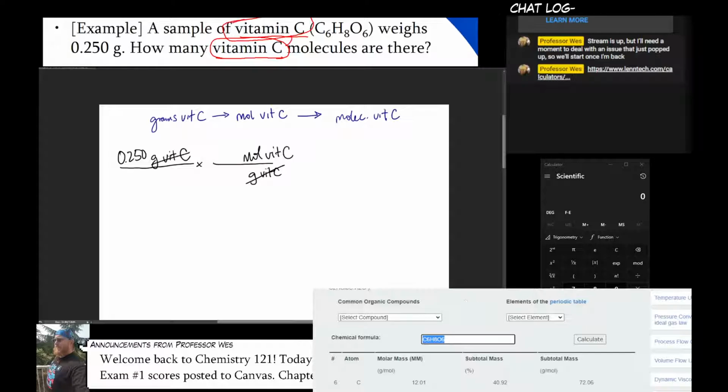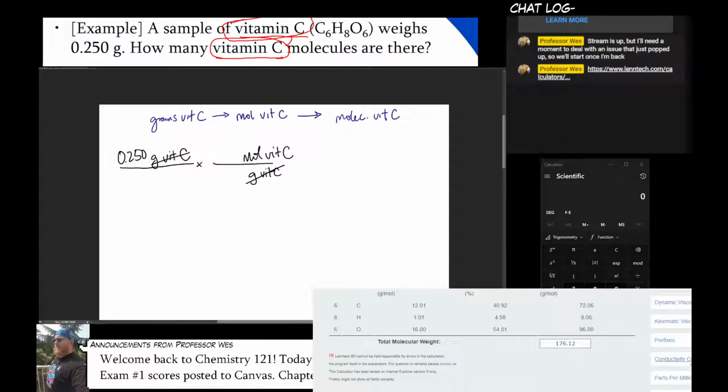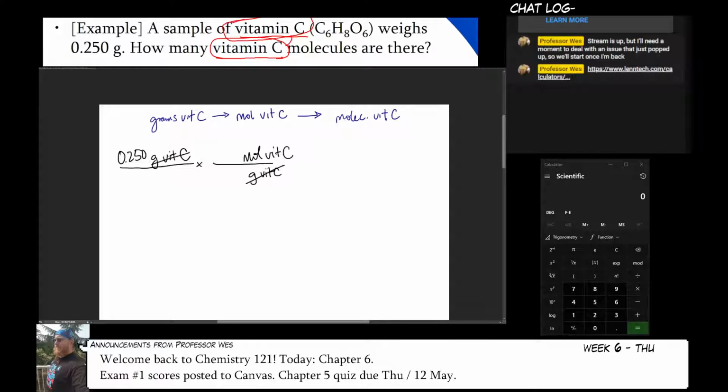It gives me a mass that scrolled off of the thing here. 176.12, and that's in grams per mole. So we'll get rid of that, and we'll write that in there. And that number, again, the 176.12, is just simply all the atoms added up on the periodic table, but Lentech calculates it for us.